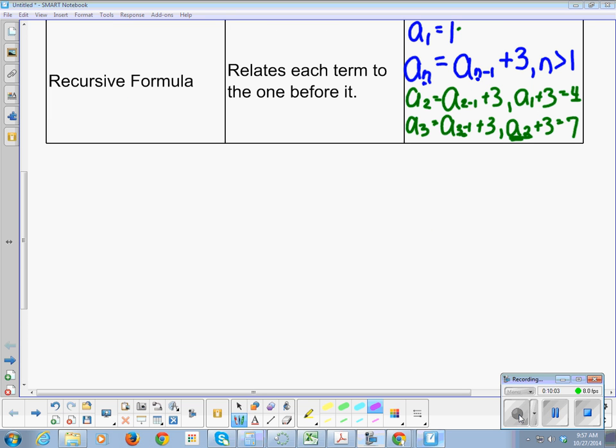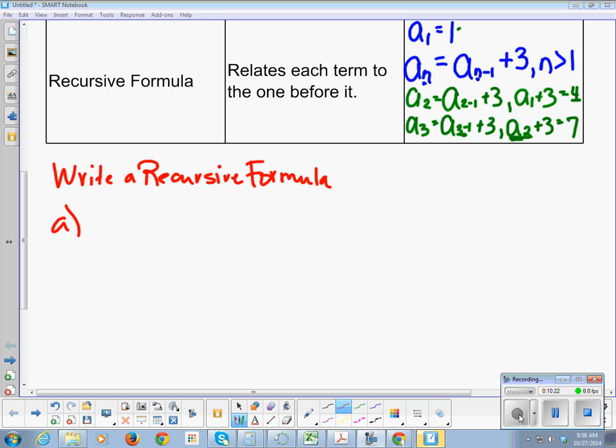All right, so let's look at a couple of examples. We're going to write a recursive formula. So let me give you two different sequences.